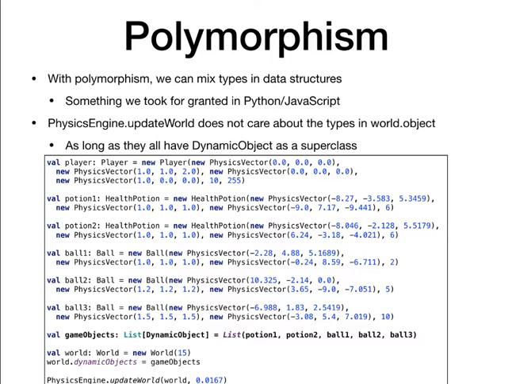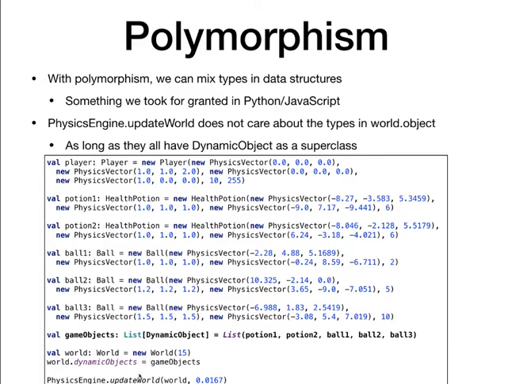We're going to take advantage of the fact that a potion and a ball and a player, which I forgot to add to the slide, I added it up there but not in my data structure, these are all dynamic objects, so I can store them all in one data structure of type dynamic object. So I'll put all these things into this dynamic object list, and guess what world wants?